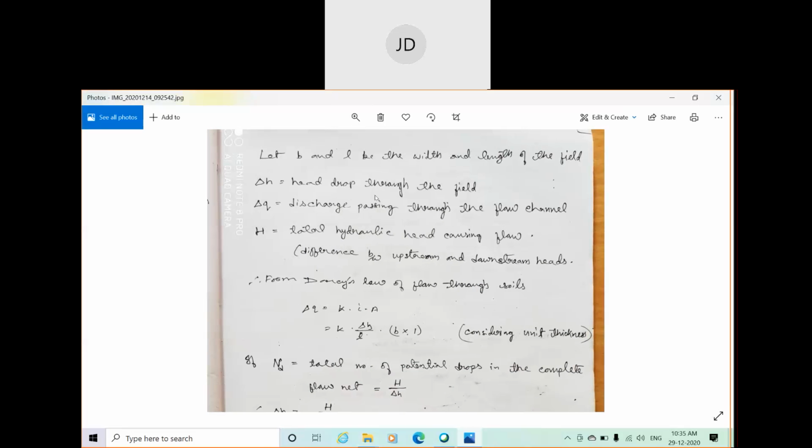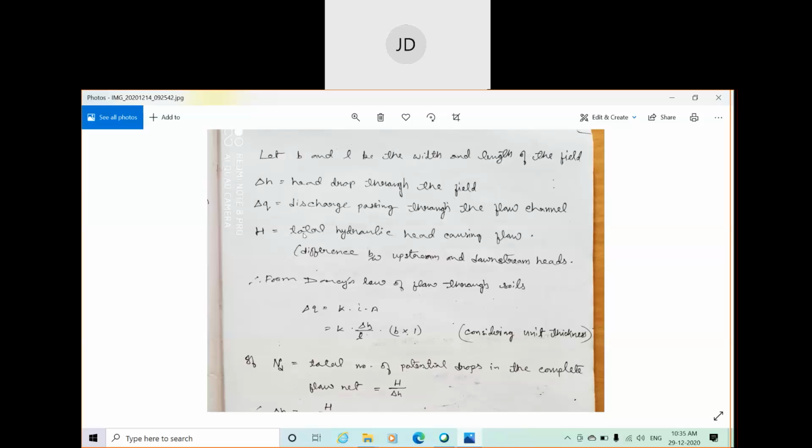Delta H is the head drop through each field, and capital H is the total hydraulic head causing flow. That means there must be a total head due to which water flows from one point to another.